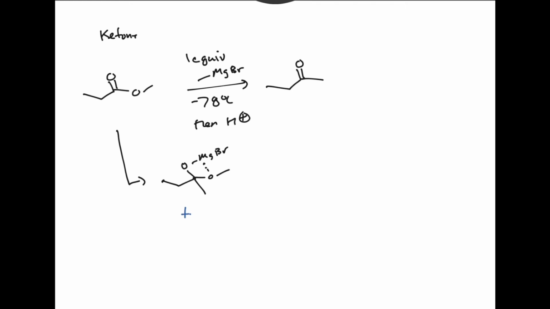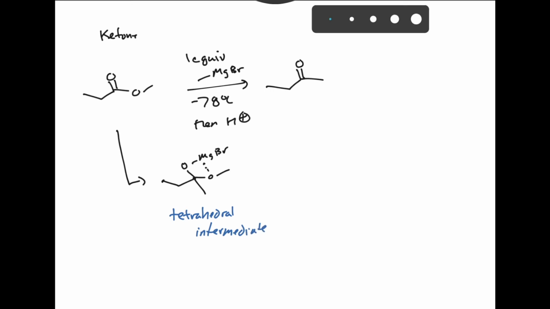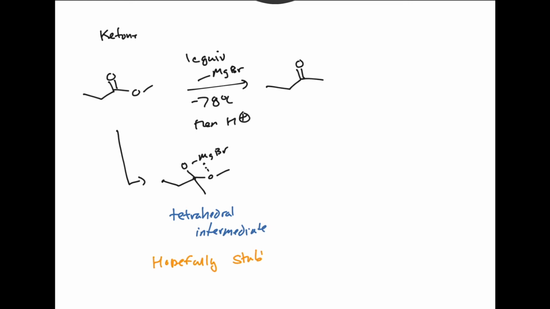So this is the tetrahedral intermediate. And so this is hopefully stable at negative 78 degrees, right?